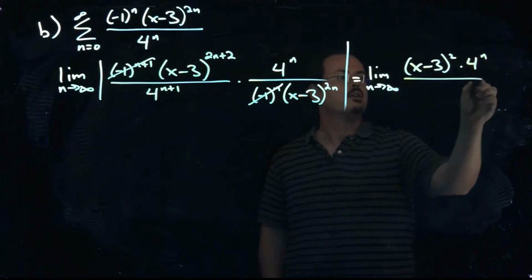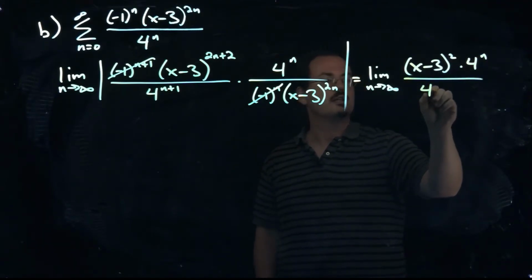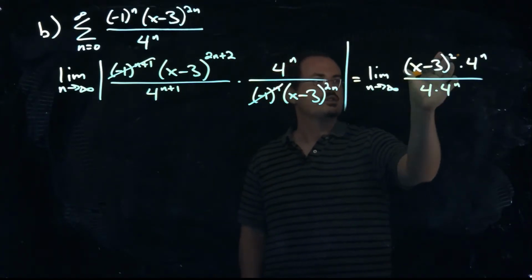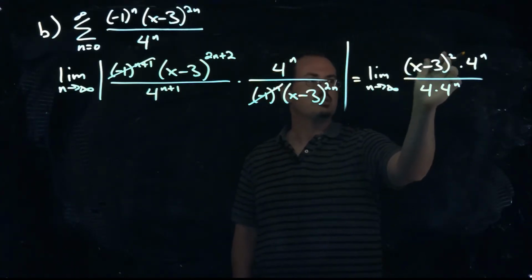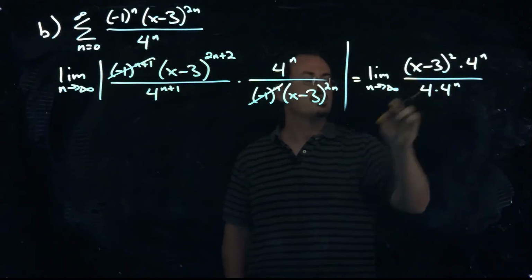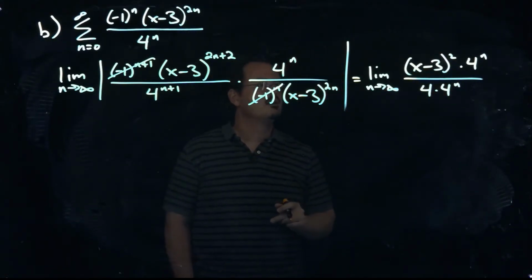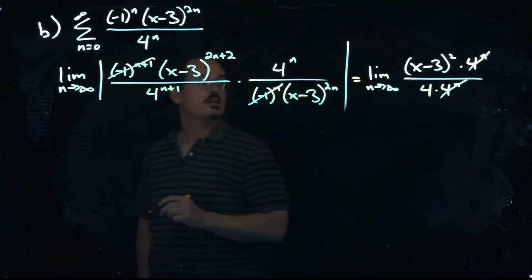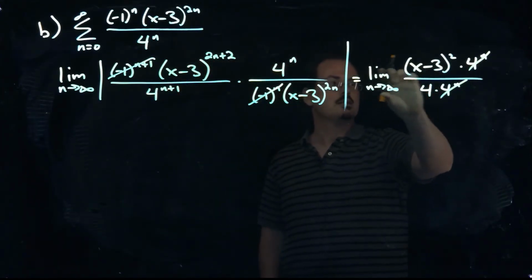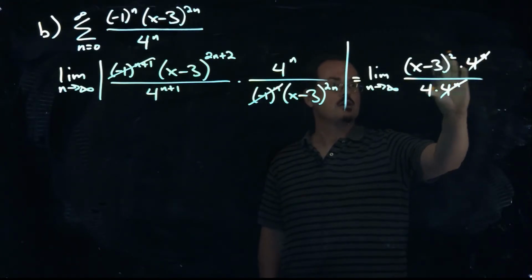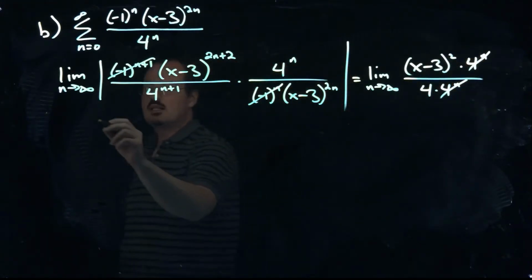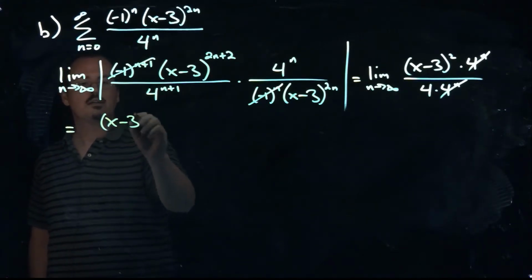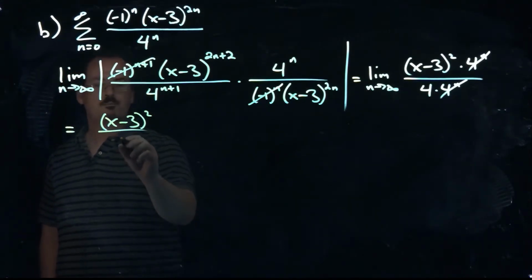That denominator there you can write as 4 times 4 to the n. And notice I didn't put the absolute value bars here because this thing is squared, so that can't be negative anyway. Okay, now these terms are going to cancel. I'll have a 4 in the denominator. In fact, really, that's all that's left. When I take this limit, all the terms that have n are now gone, so this is all that's left. So my limit actually ends up just being that, x minus 3 squared over 4.